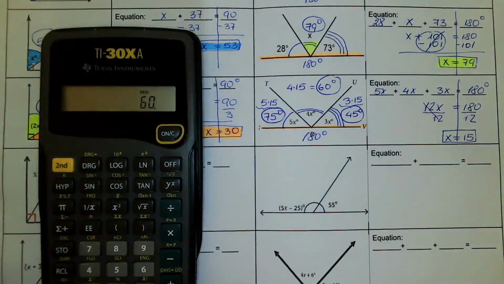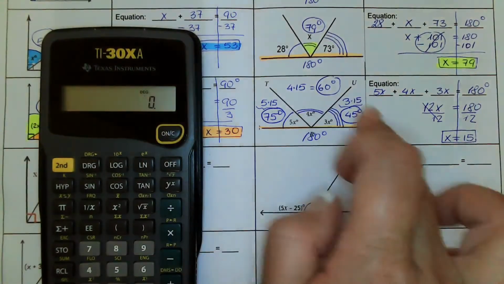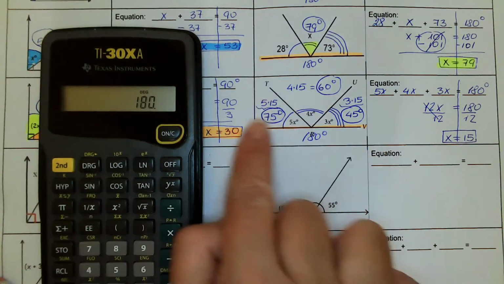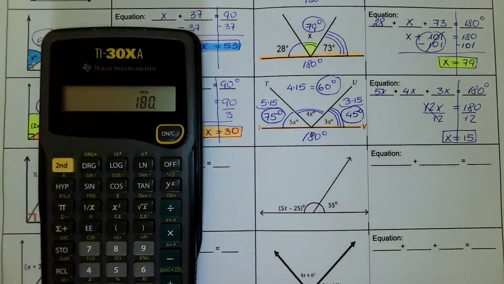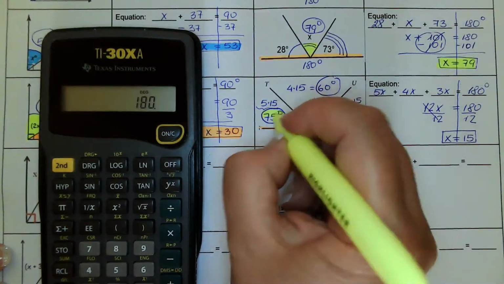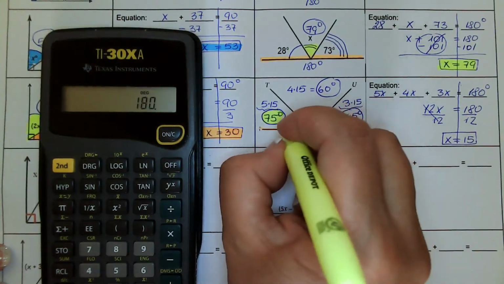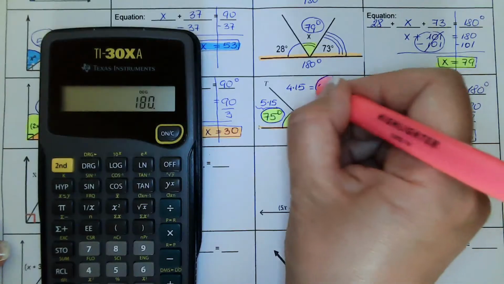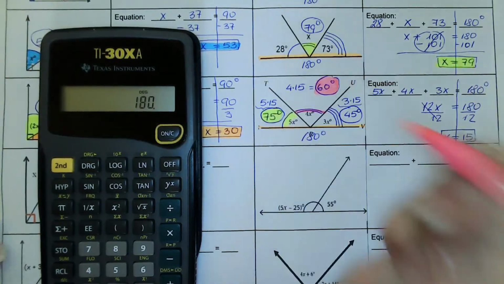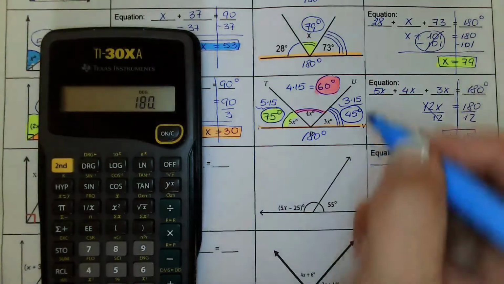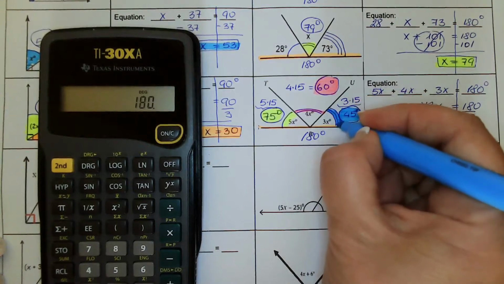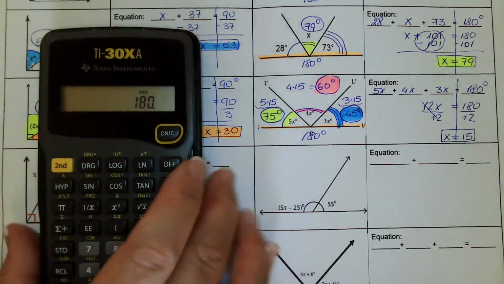And now, when we look at the numbers, 75 plus 60 plus 45, they add up to 180 degrees. Supplementary relationship. So the angles themselves will be 75, 60, and 45. Together, they add up to 180.